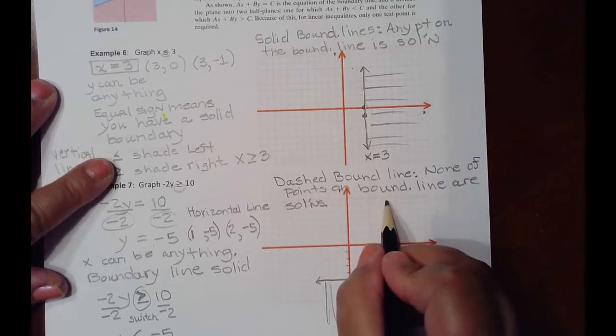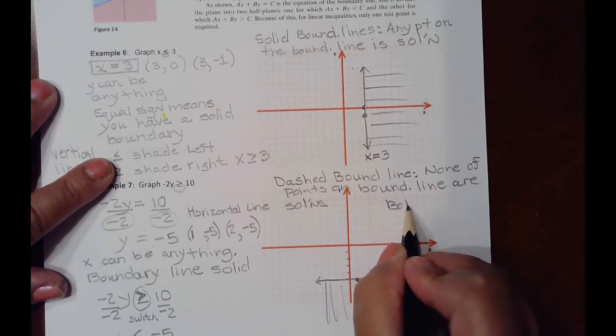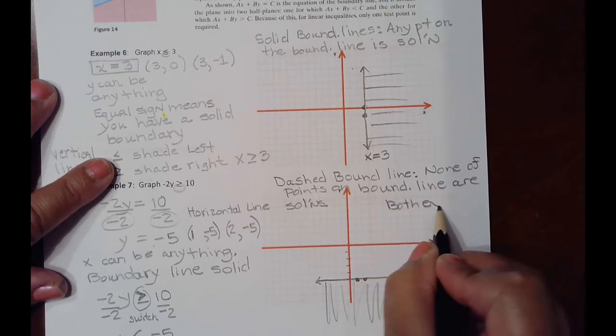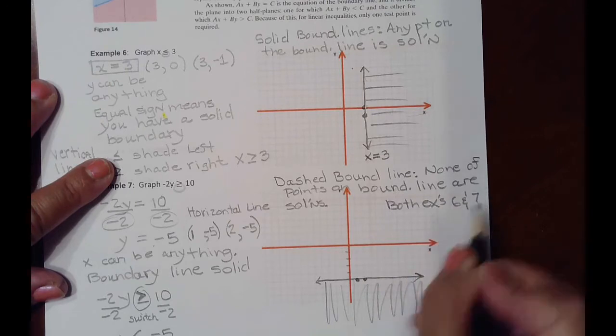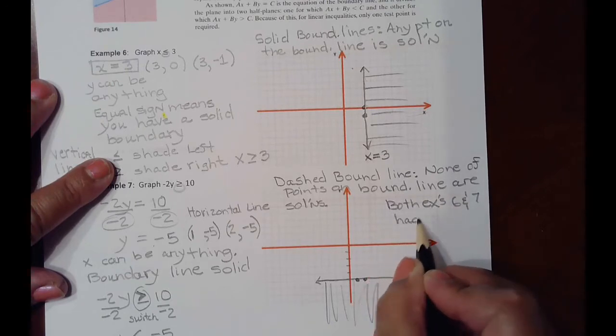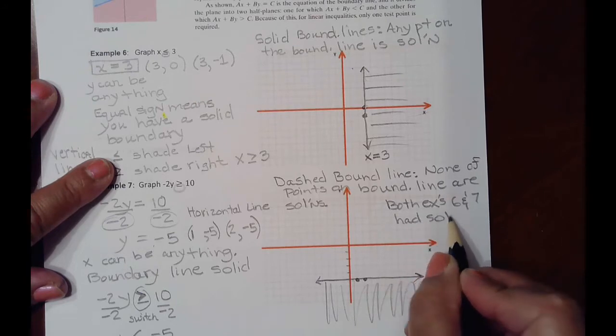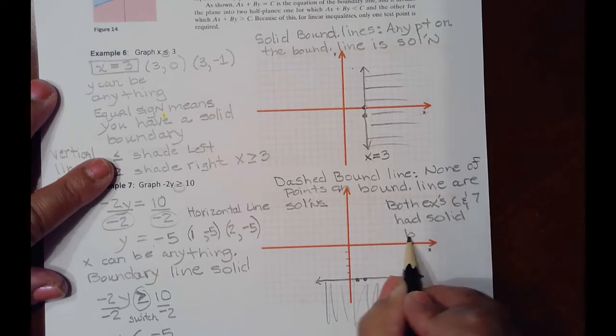Okay, so both examples 6 and 7 had solid boundary lines.